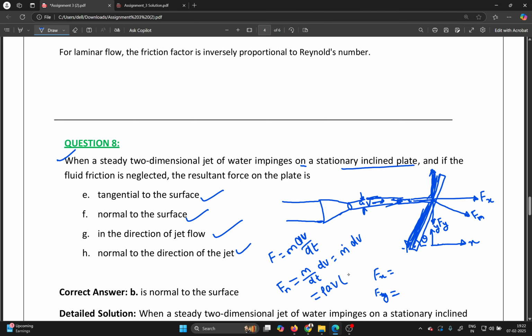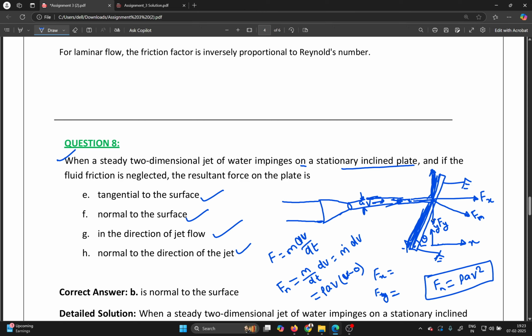The initial velocity is V, and the final velocity is 0 because there is no movement, as the plate is fixed. So your normal force Fn will be rho A V squared.